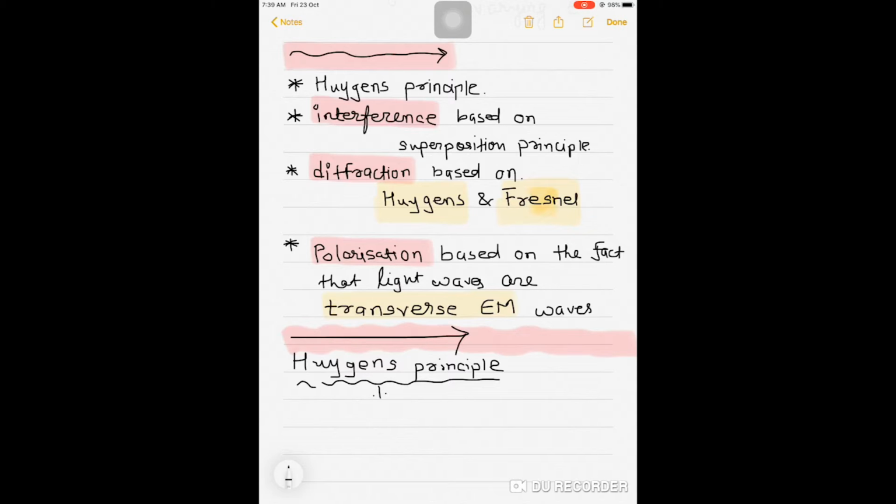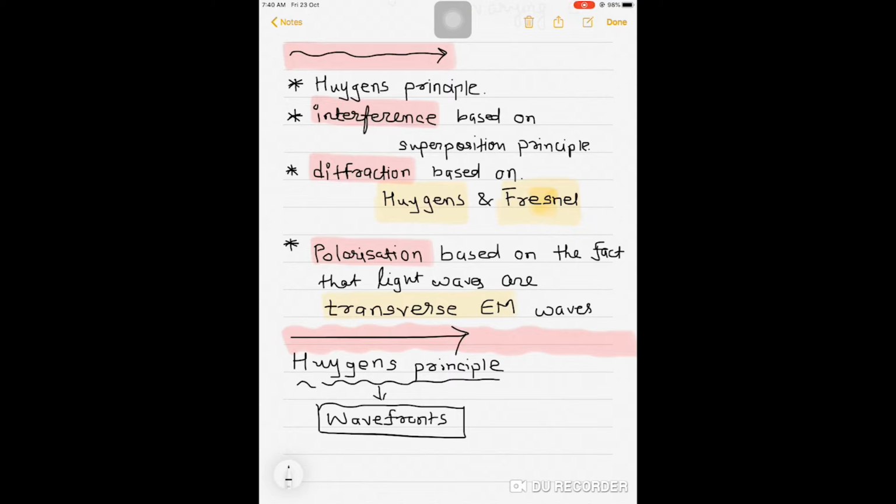Actually, wavefront is not being introduced here for the first time, but the detailed understanding we require will be explained here. So what are wavefronts? First of all, let us understand the term wavefront. So it is very clear.